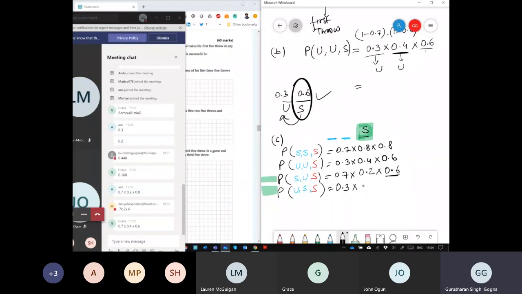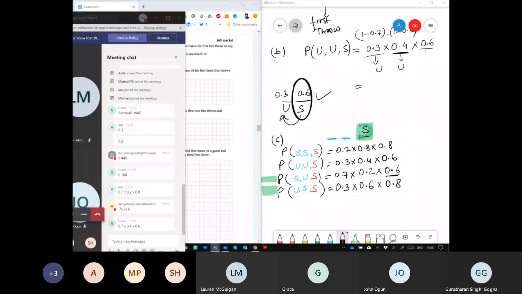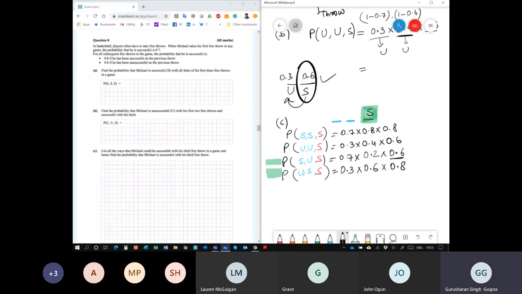So I can copy that 0.6, isn't it? And then it is successful and the previous one is successful as well. So that is 0.8. So you just have to use the information properly.